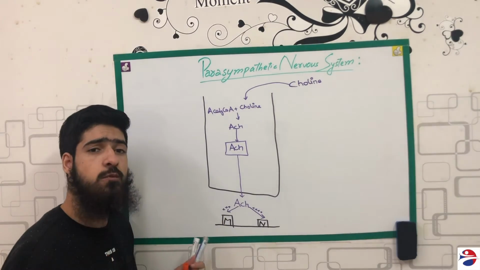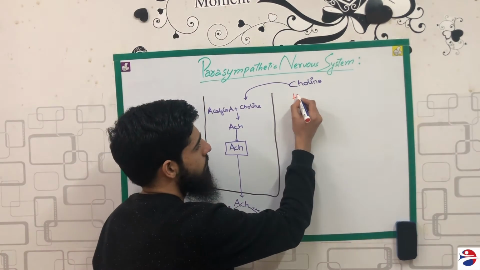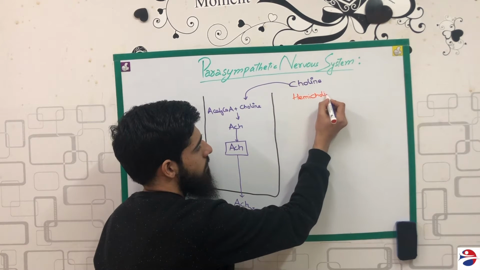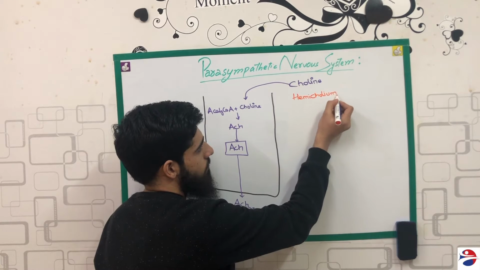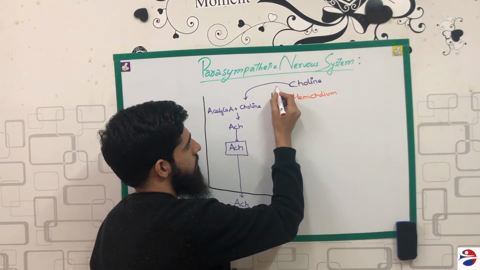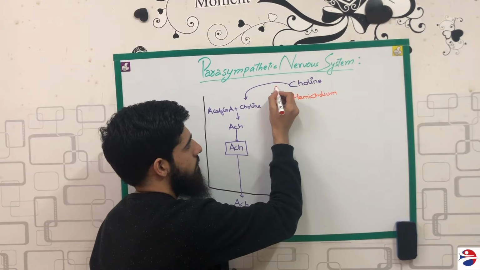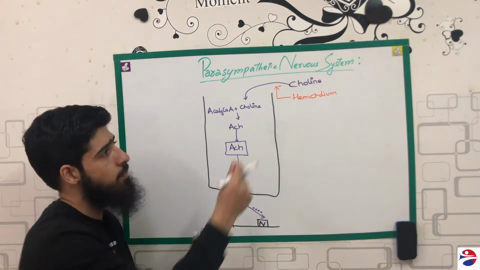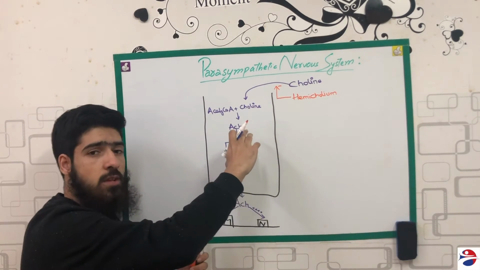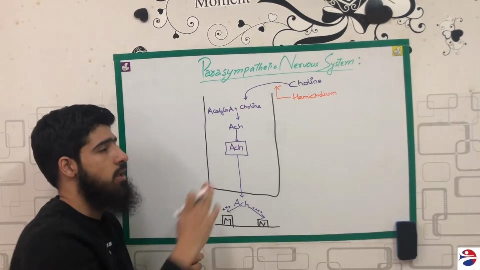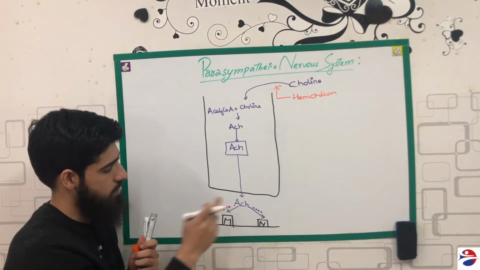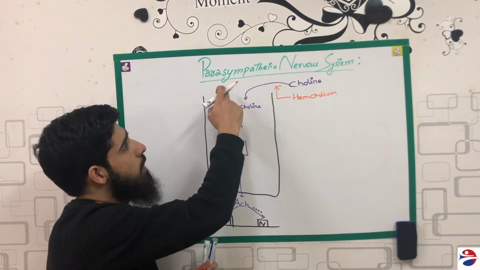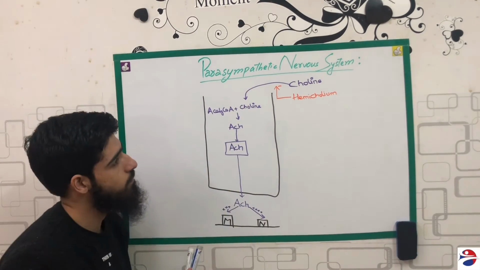The first drug which we use is hemicholinium. It inhibits uptake of choline by the neuron, which means we have less availability of acetylcholine. When we have less availability of acetylcholine, we have decreased parasympathetic activity.